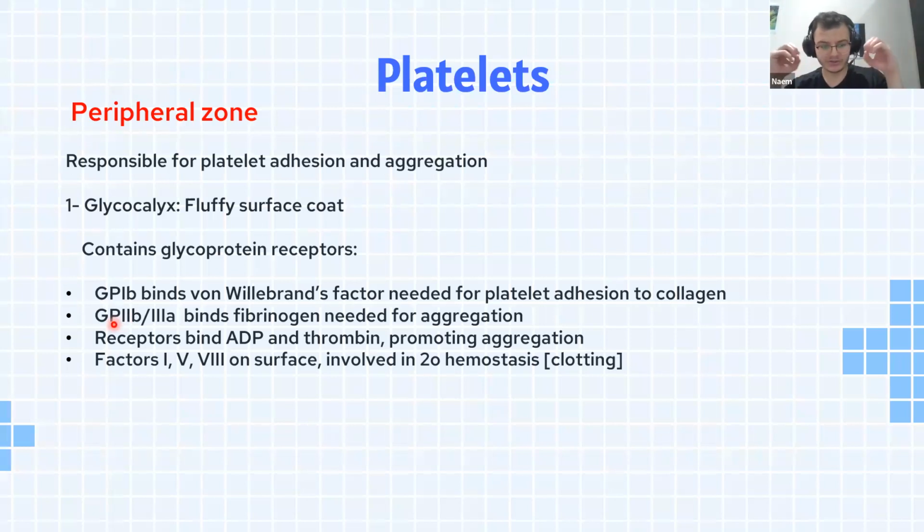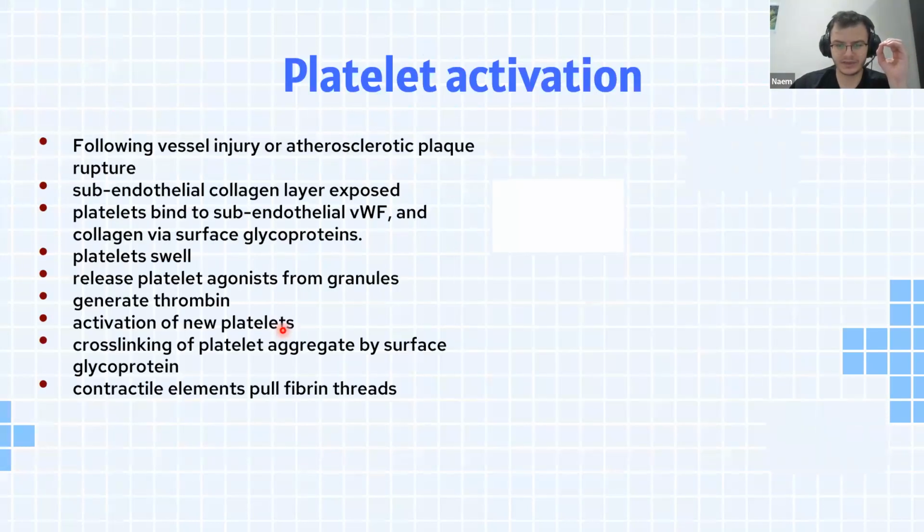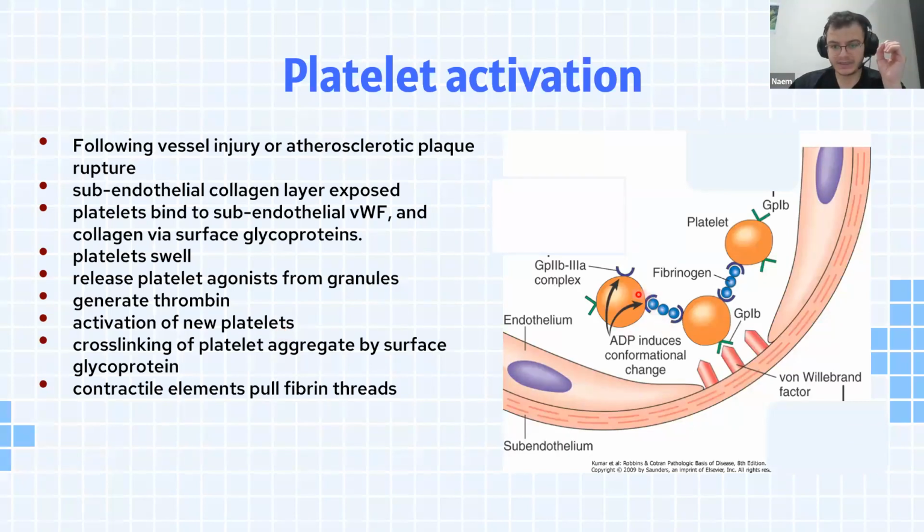But these two molecules can't directly bind to each other. What will happen is we will have a linkage between them. You see this? This is glycoprotein 2b3a and glycoprotein 2b3a between the two cells. They don't bind directly to each other. There is fibrinogen that binds them in between. This one binds to a molecule called fibrinogen, and that one binds to the same fibrinogen, so they aggregate.